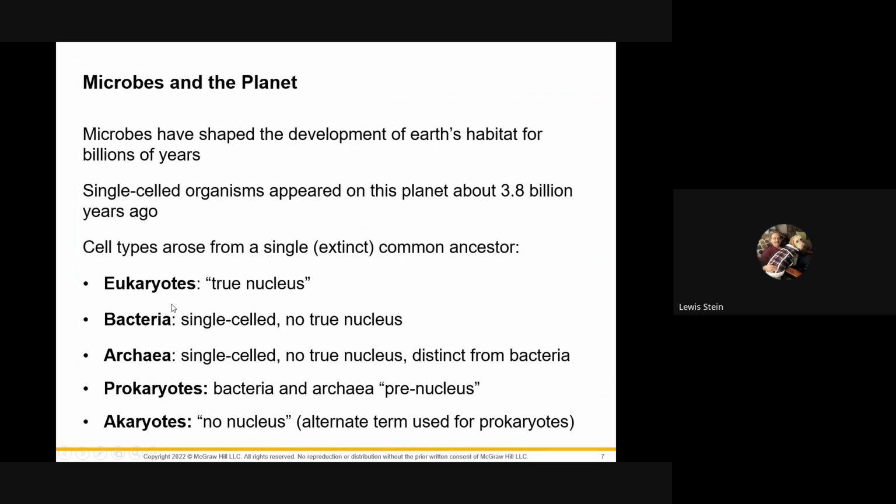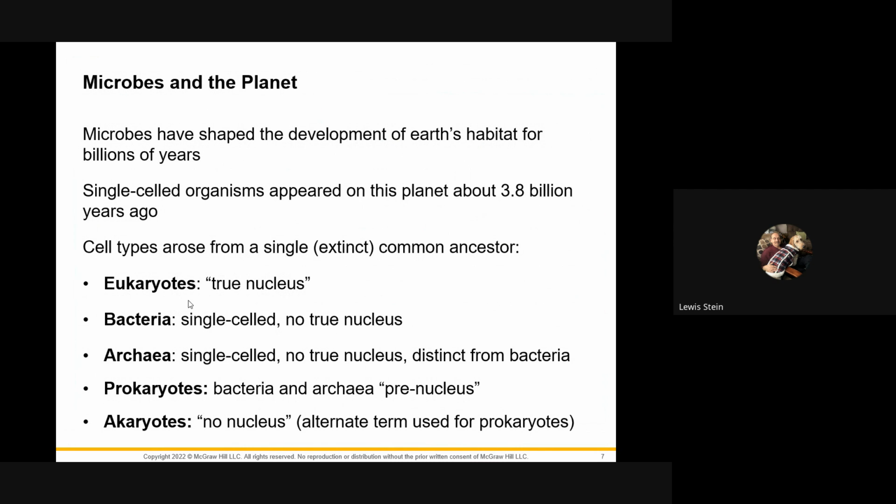So when you hear me use the term eukarya, it implies that they're very similar to our cells. They are indeed our cells from a standpoint that they have a nucleus. And what defines them more than anything else is membrane-bound organelles.